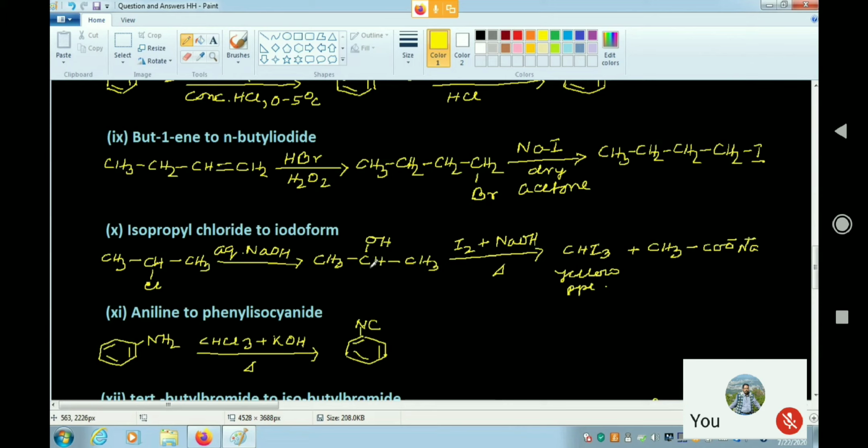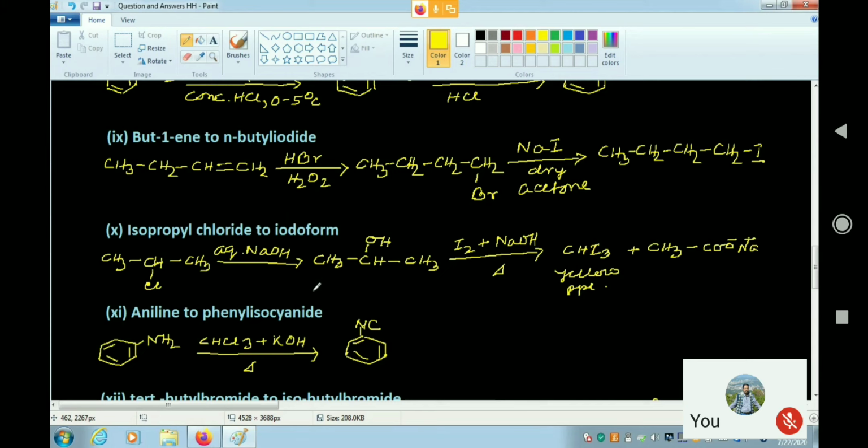We know that alcohol containing this group, when heated with iodine and NaOH, forms iodoform. That means this CH3 group is changed to CHI3, and the rest of the group is converted to the salt of a carboxylic acid. So in this way, isopropyl alcohol can be changed into iodoform.